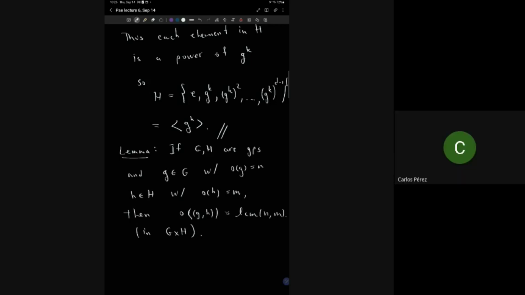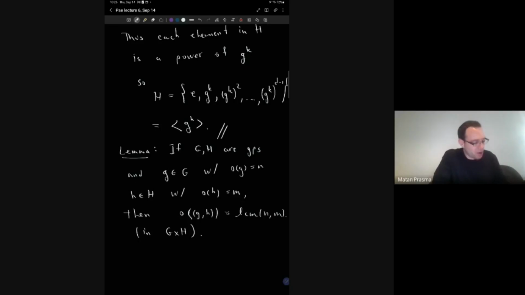Okay, so how do we prove this? This is really simple. I take (g, h) and I raise it to the nth power. In G times H, to do the operation is to simply do it coordinate-wise.